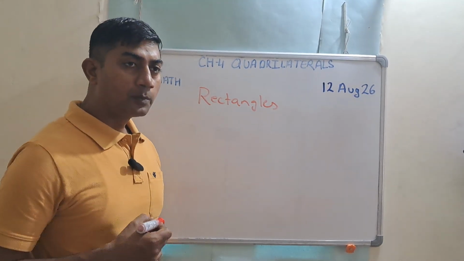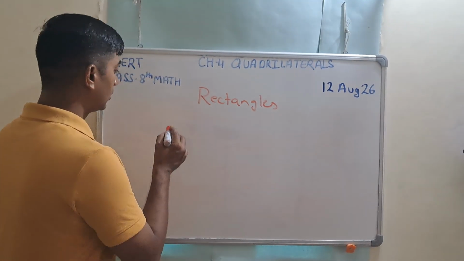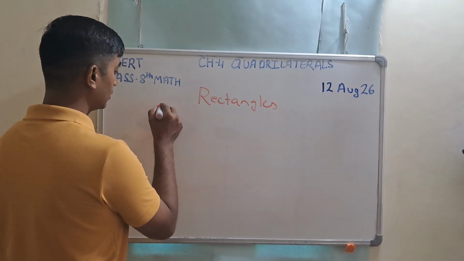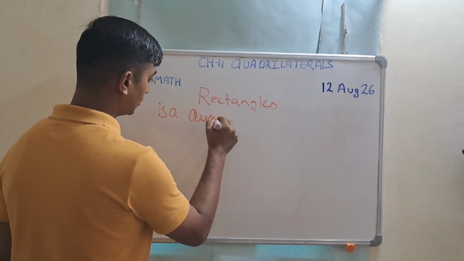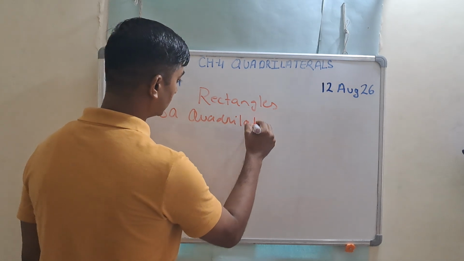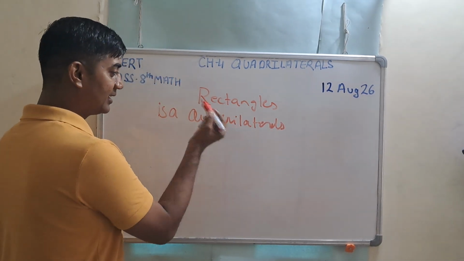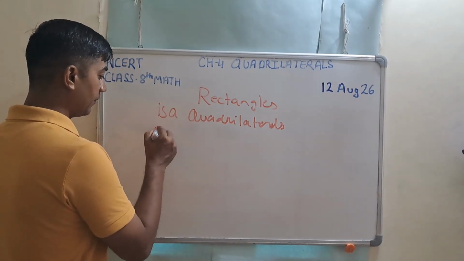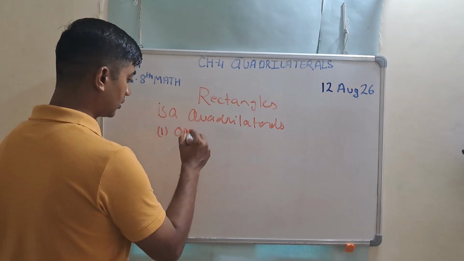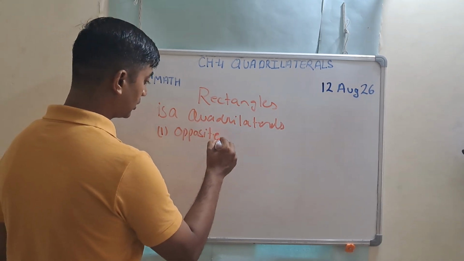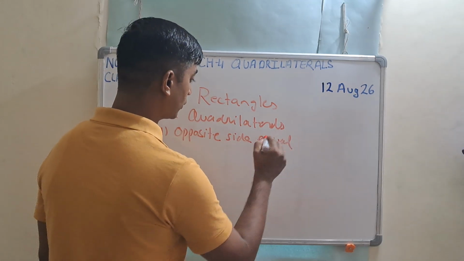From the study of the previous classes, what we have studied about the rectangle is that a rectangle is a quadrilateral having opposite sides equal.